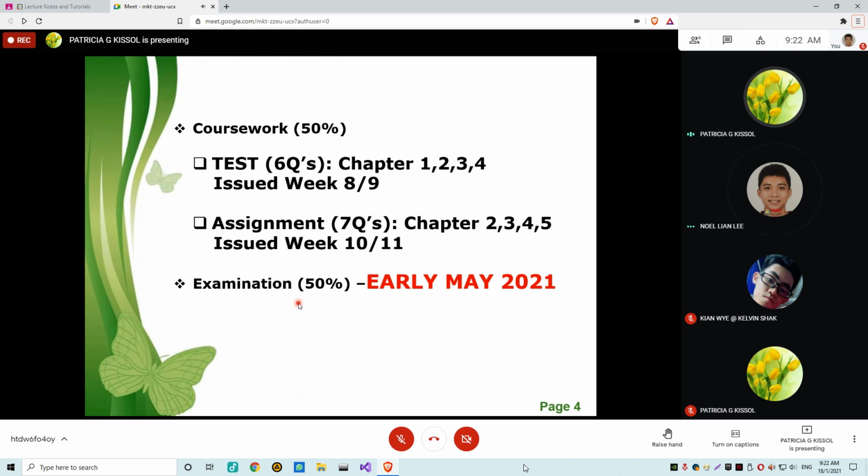Okay. Yeah, because this time the MCO is not as bad as the first one. MCO 2.0, we can go to the shops and get the materials that we need, right? Like last time, a lot of shops were closed. This time, I notice it's much better. So perhaps graph paper would be needed.